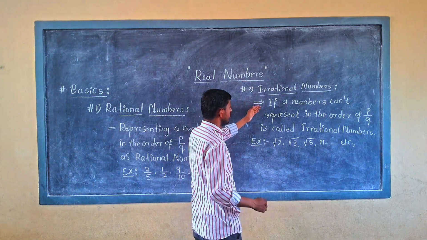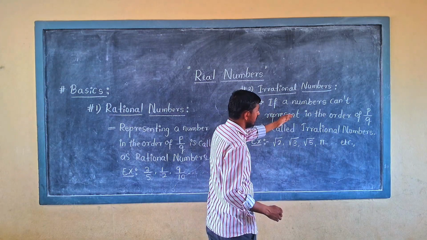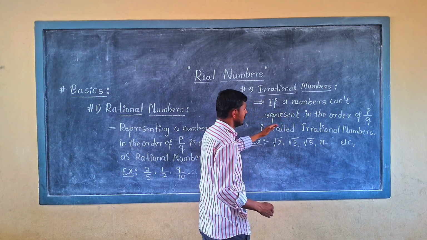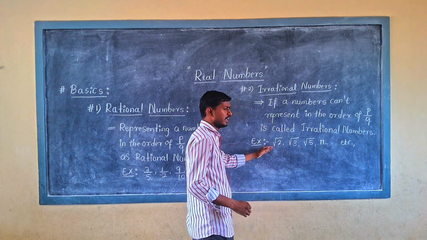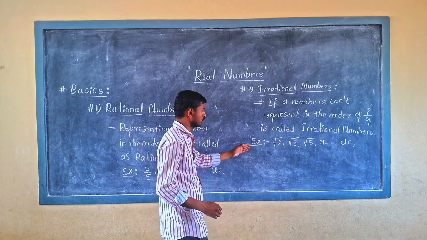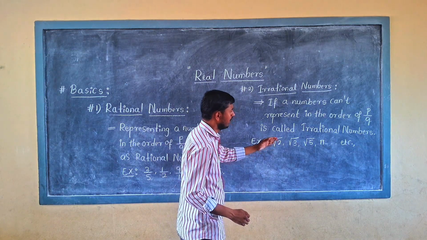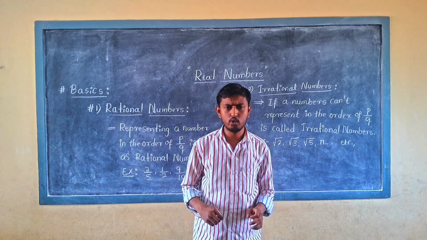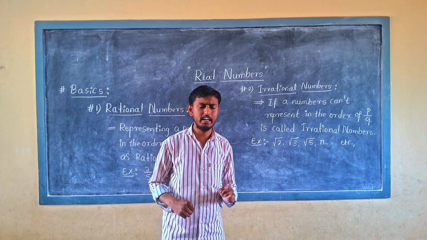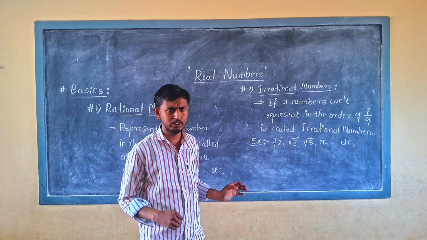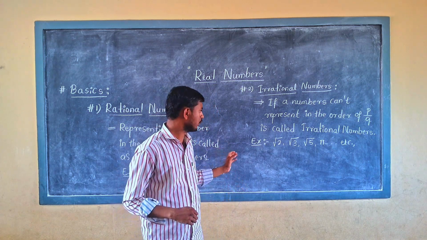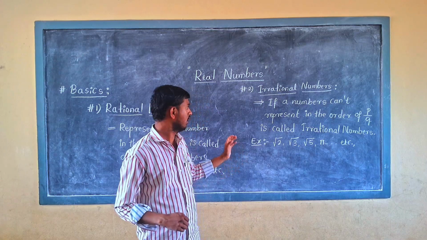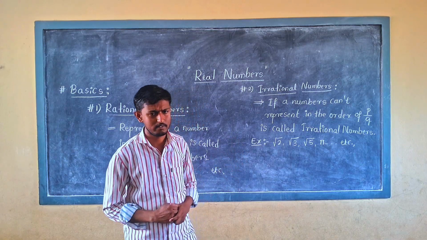Irrational numbers are numbers that cannot be represented in the form of p upon q. Irrational numbers are the root values, root 2, root 3, root 5, pi, etc. These root values are infinite decimal values. That's why these roots are called irrational numbers.